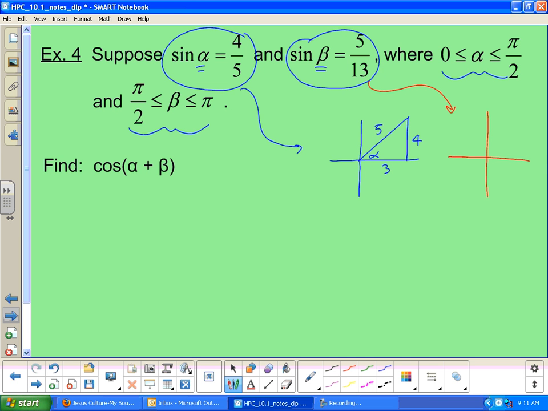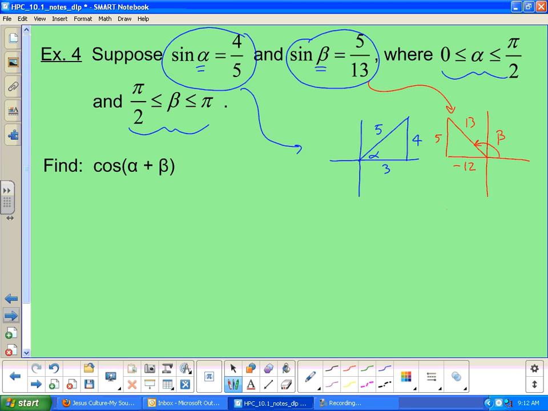Because of our interval here, we're going to be over there in that quadrant, where there's our angle beta that produces the triangle. And we have a relationship of opposite over hypotenuse, 5 over 13. Again, 13 squared minus 5 squared, so 169 minus 25 is 144. We square root that, and we get a 12 at that x value. But it's on the left-hand side, so it's going to be negative.